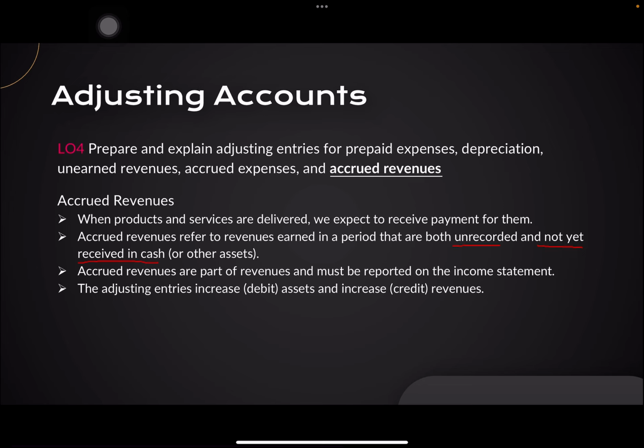To increase the value of our equity, what we need to do is to increase our assets in the form of accounts receivable and also increase the value of our equity, specifically revenues. Again, we will increase our assets, and then we will also increase our revenues by crediting the revenue account.